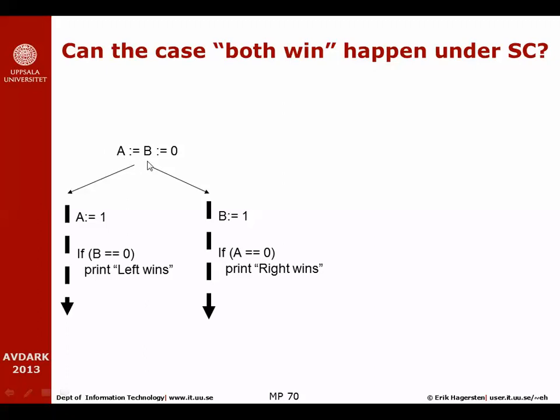We have a and b equal to 0 in the beginning, then we set a to 1, and then we test if b equals 0. On the other side we set b equals 1, and then we test if a equals 0. In this example, we assume that there is an execution such that both the left side and the right side declare success, and that they say that they did win. Now our job is to prove that that can't happen.